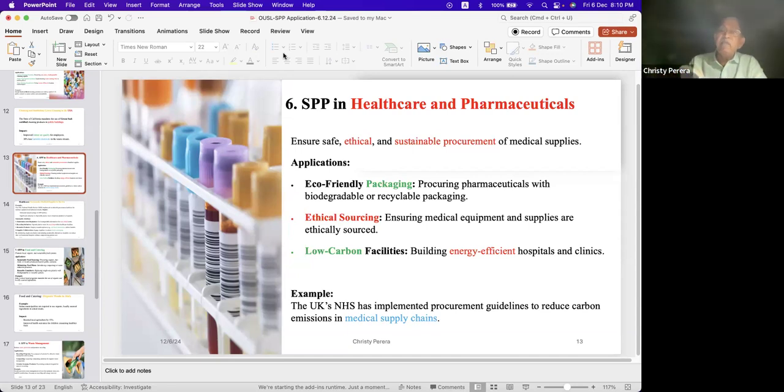So we revised this and we have made a new one. Printed everything, but not yet published. It's not a big book. This is about 40 pages. So, like that, the UK NHS has implemented procurement guidelines to reduce carbon emissions in medical supply chains.